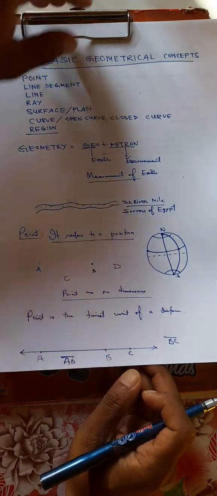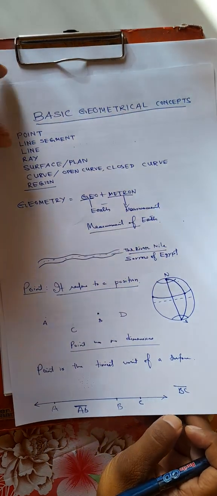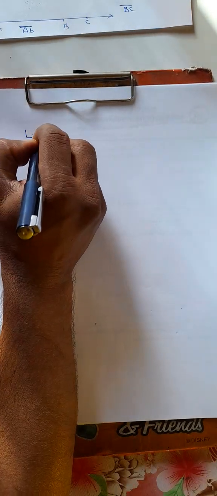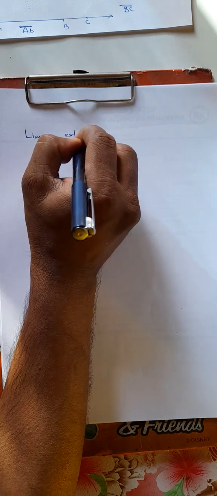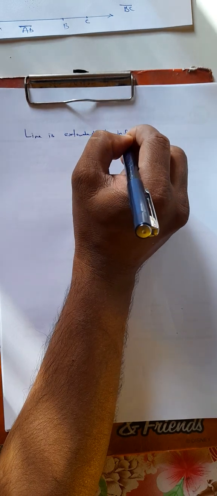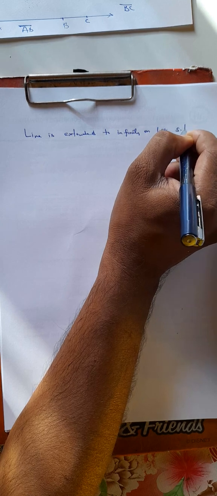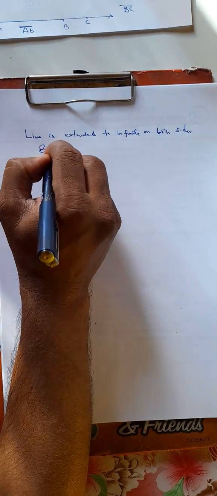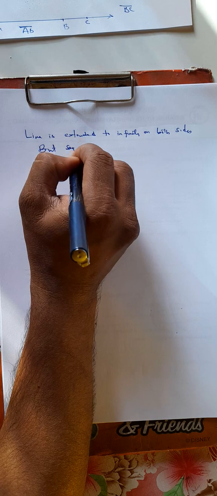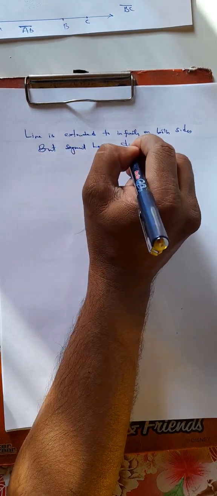So a line has infinite length. We cannot find the length of a line, but a line segment has definite length, right? A line is extended to infinity on both sides, but a segment has a definite length.